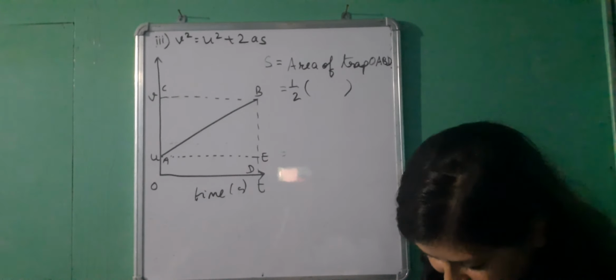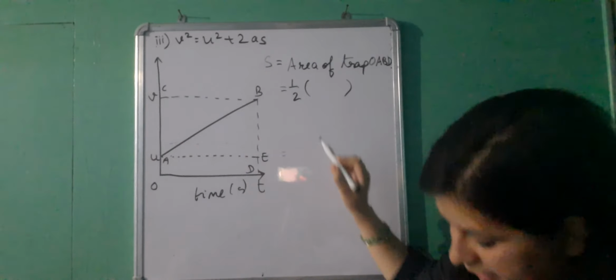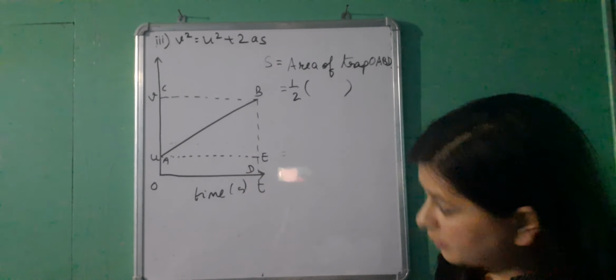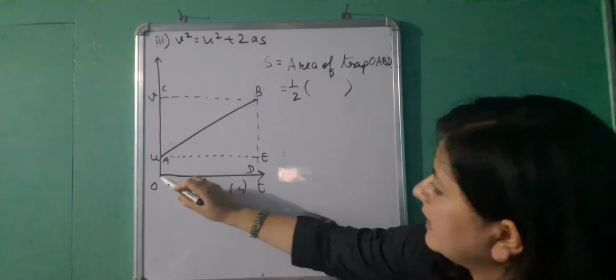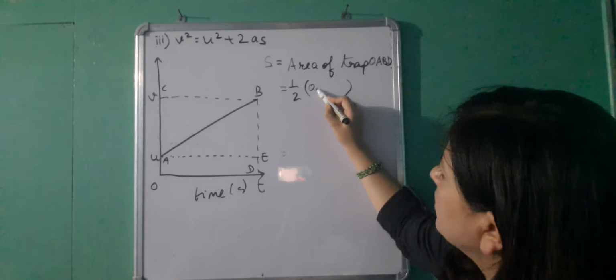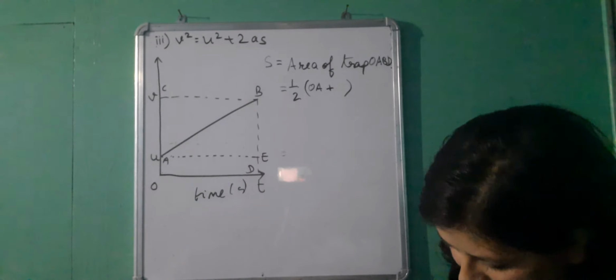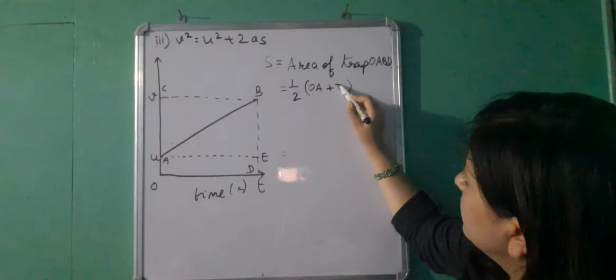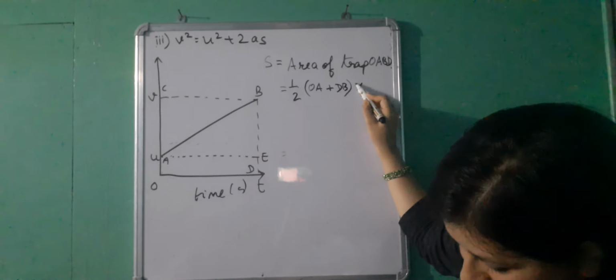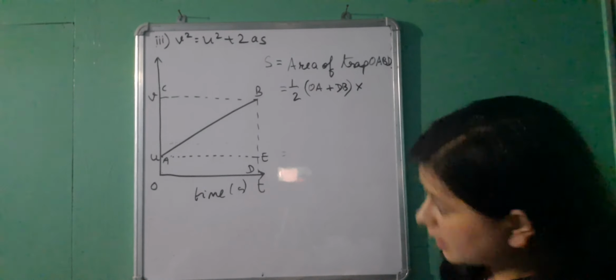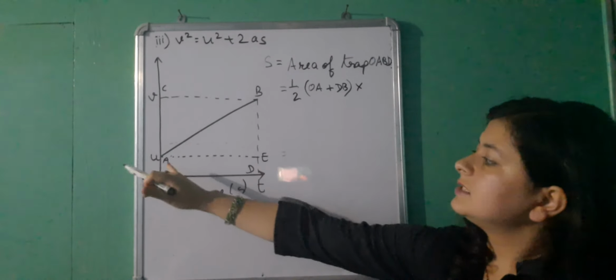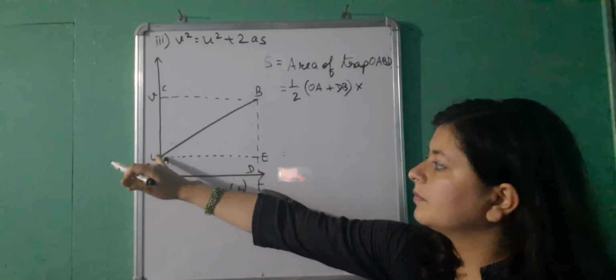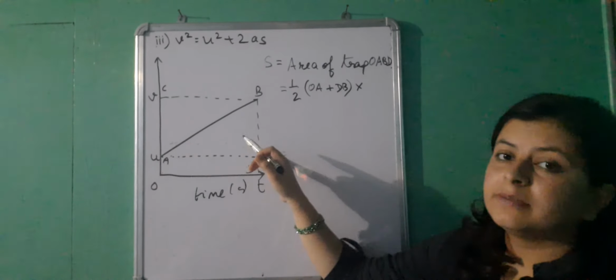So the trapezium formula is half into sum of parallel sides, that is OA plus BD or DB, into height. Now height is the perpendicular distance from one parallel side to the other parallel side.